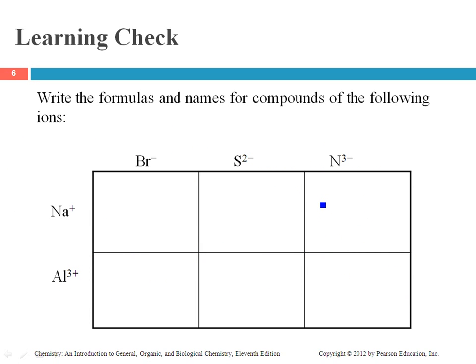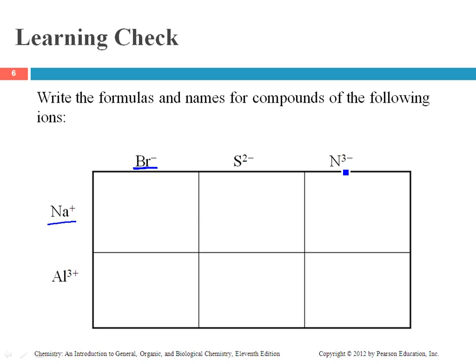So we want to write the formulas and the names for the compounds of the following ions. If we combine sodium and bromine, sodium and sulfur, or sodium ion with the nitrogen ion. You can pause if you want to practice these, and then I'm going to go ahead and get started.